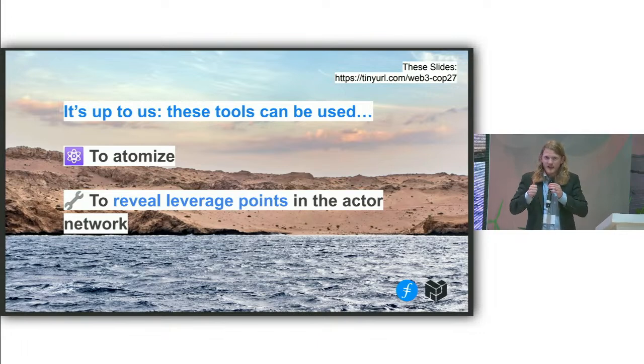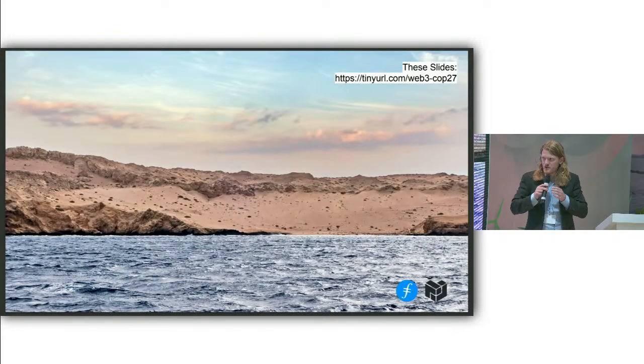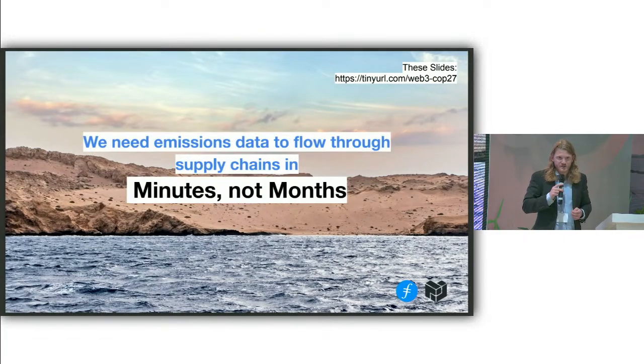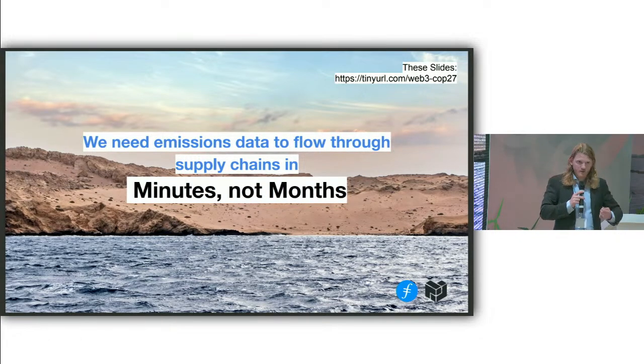And so I think by using that sort of philosophy to guide us, we should be able to build a carbon accounting system that allows us to, really, as I said, increase that velocity of information flow through the global economy, to make that information flow in minutes, not in months or years.